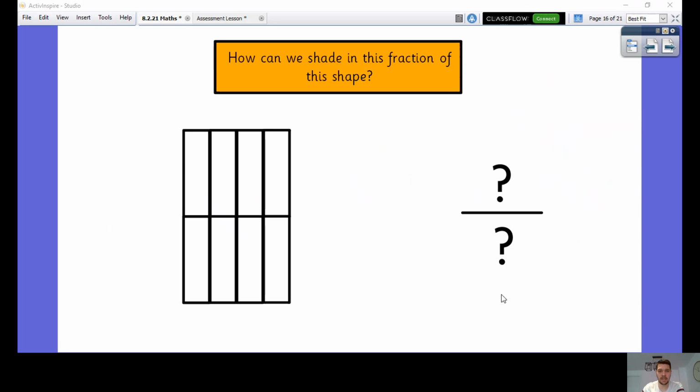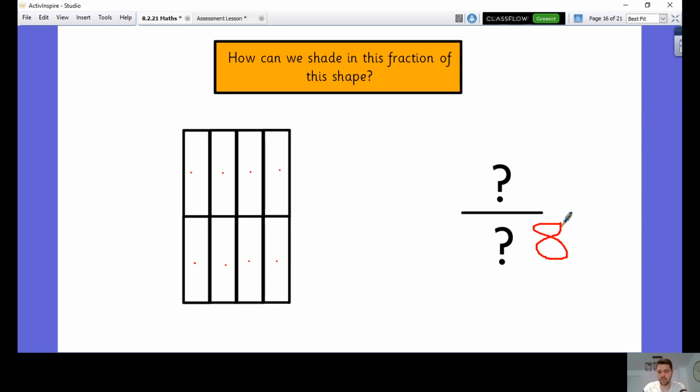How can we shade in this fraction? I want to shade in 3/8. What would I do? What would it look like? Okay, overall, I have 1, 2, 3, 4, 5, 6, 7, 8.